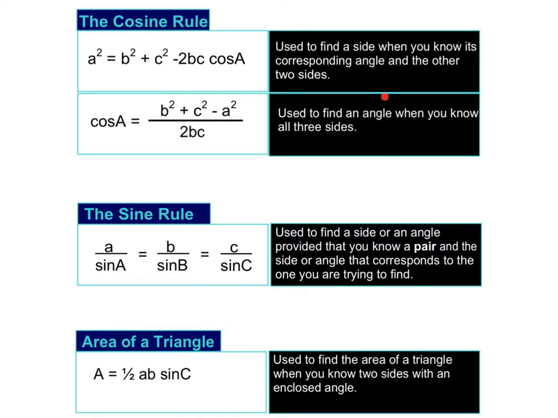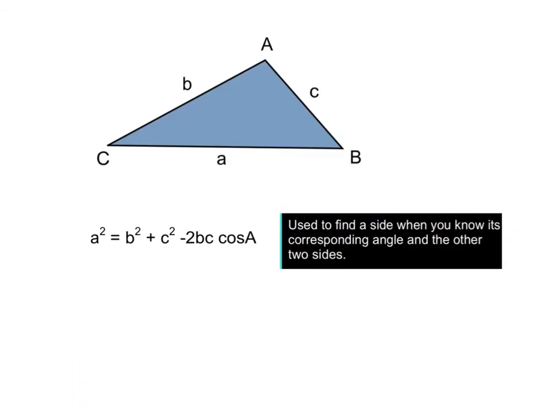Today we're going to concentrate on the cosine rule, this first version of it. Here we have it on its own. This is used to find a side when you know its corresponding angle and the other two sides.